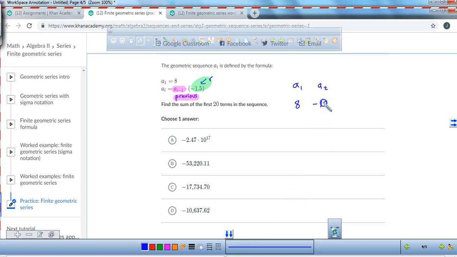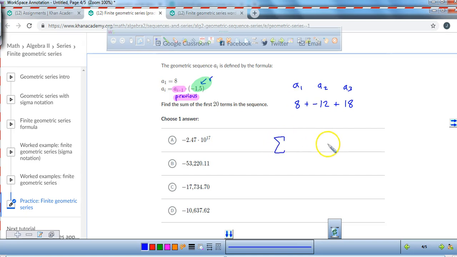So we get to negative 12, then we get to 18, and this would be the long way. This is the sequence, but we're going to be adding all of these together to get the first 20 terms. Okay. So here we go. We're going to use summation notation.